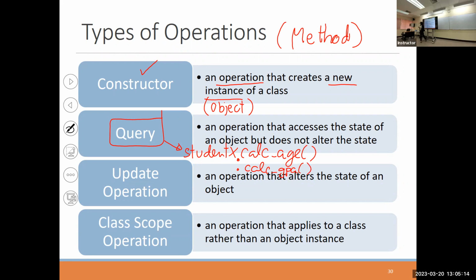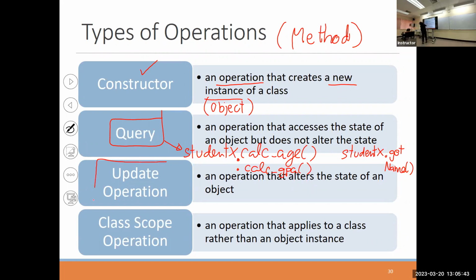This is a query to return some state, some value, or could be student X dot get name. I make it a new operation to return a name, right? I may not know your name somehow. I just want it to return the name to me of this particular student object and so on.